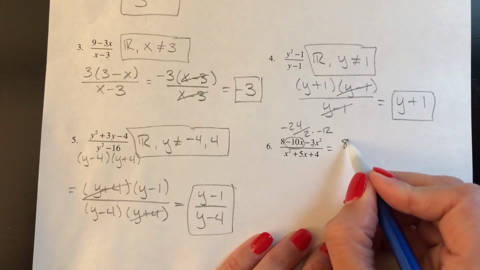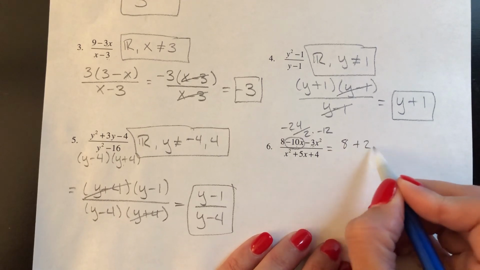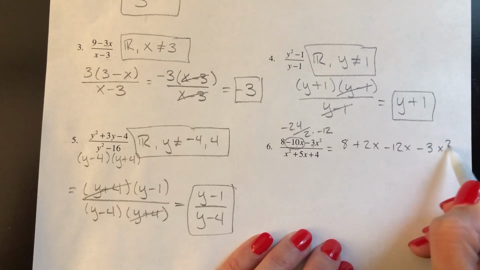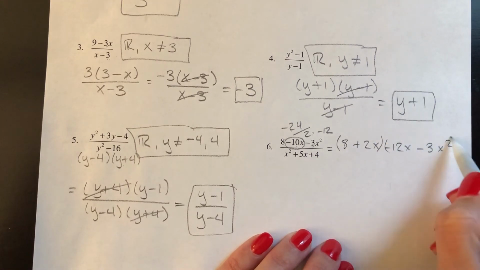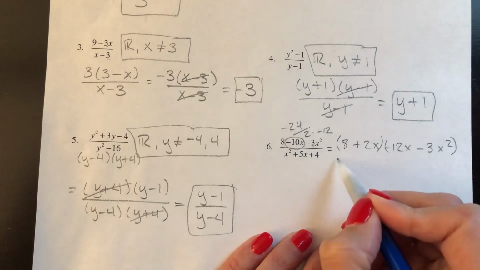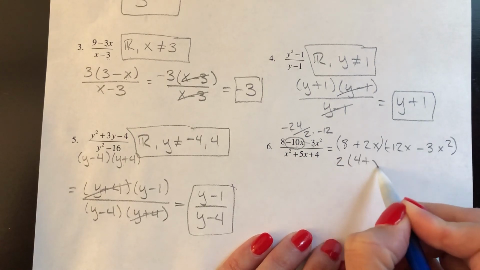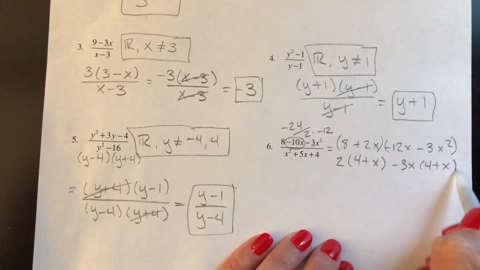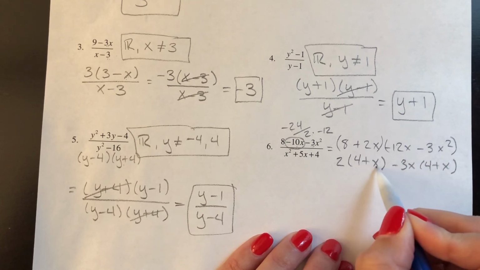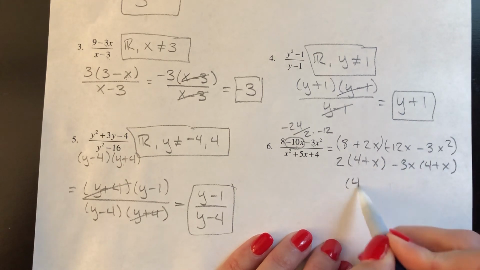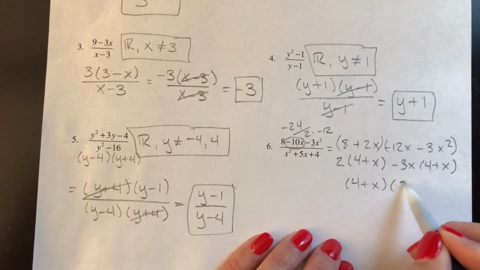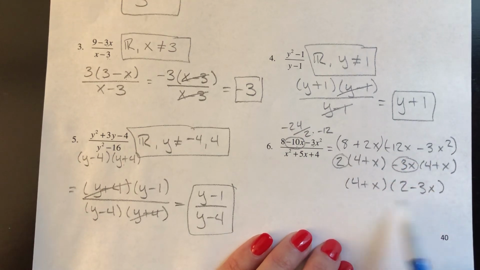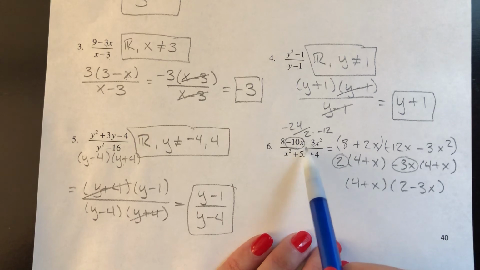So that looks like this. 8 plus 2x minus 12x minus 3x squared. Group them. And now find the GCFs of each group. Common factor is 4 plus x. And then left over is 2 minus 3x. So that is factored for the top.